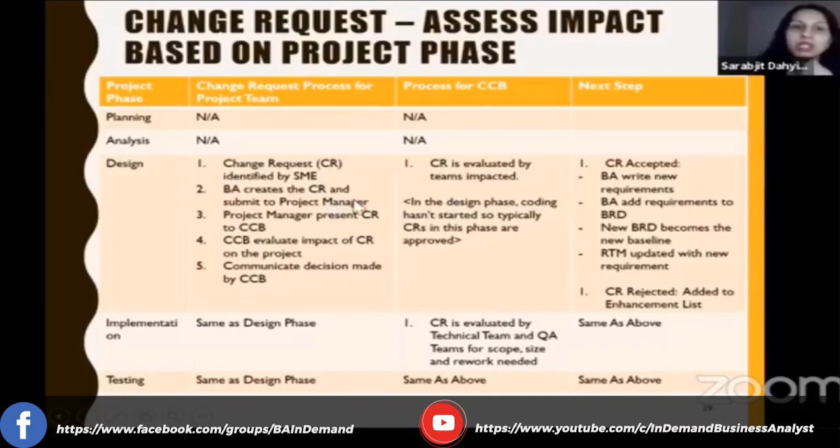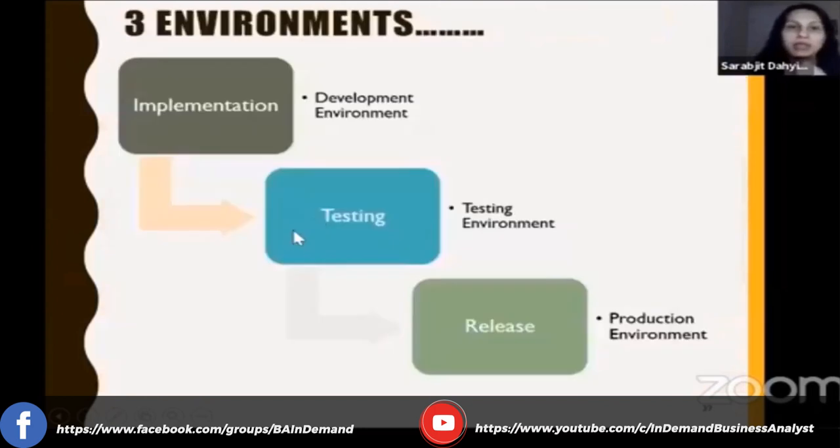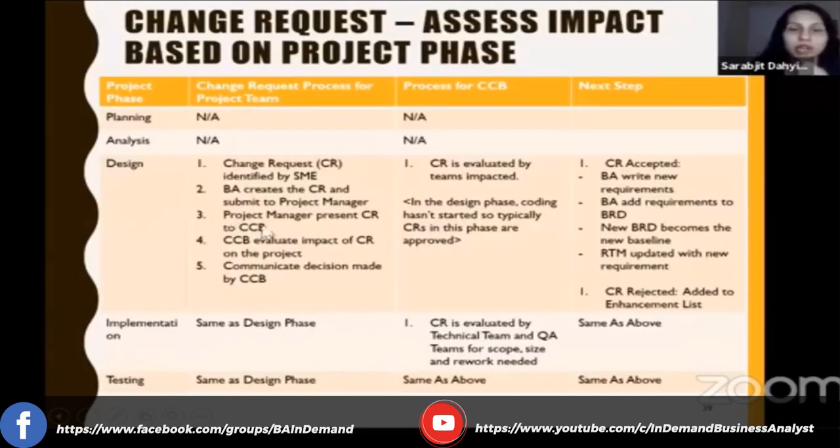The BA will create the change request and submit it to the project manager typically, right? Oops, sorry. The project manager will submit the change request to the change control board. The change control board evaluates the impact of the change request on the project, and they communicate the decision made by the change control board.